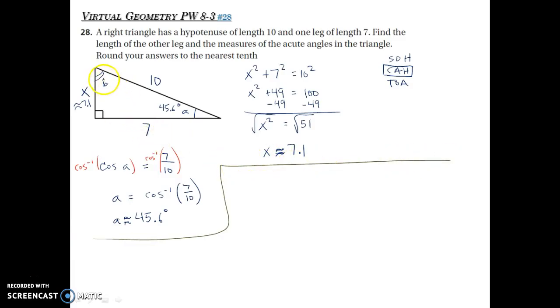Now to find B, from angle B I have the opposite side and the hypotenuse, and that is sine. So sine of B is equal to the opposite, which is 7, over the hypotenuse, which is 10. And then I'm going to take the arc sine, or the inverse sine. So B is the inverse sine of 7/10.